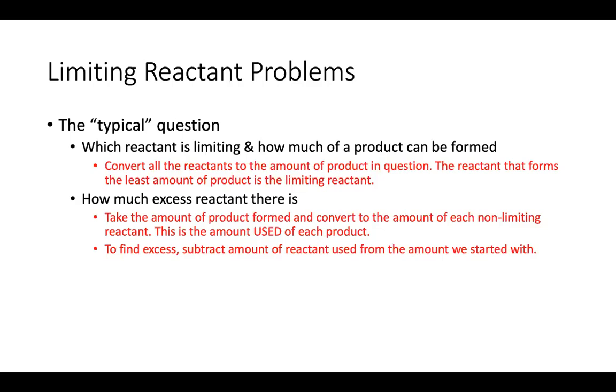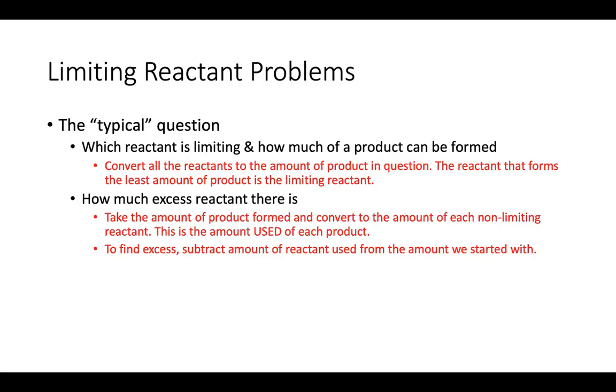The other question that's extremely typical to be asked is how much excess reactant is there, okay? To do this, you take the amount of product that was formed, which we found from the first part, and convert it to the amount of non-limiting reactant. We do dimensional analysis to convert it to the amount of our non-limiting reactant.